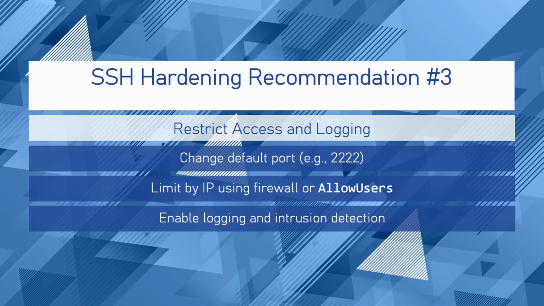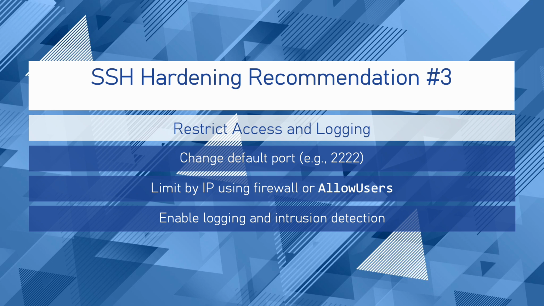Third, restrict access and enhance logging. Changing the default port from 22 to something less common like 2222 won't stop a determined attacker, but it does reduce the noise from automated scanners. Limiting access to specific IP ranges using the AllowUsers or AllowGroups directives or a firewall policy is another effective measure.